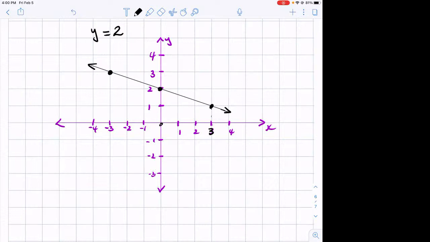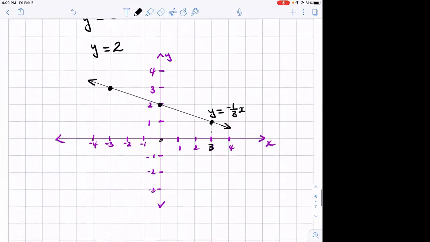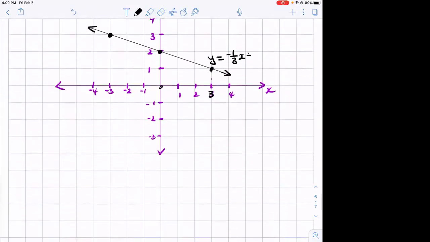Please make sure when you connect your dots, the line should pass through them. You don't stop on the dot. And you always write the equation, minus 1/3 x plus 2, somewhere along the line. All lines must have an equation written next to them. It doesn't matter where you write it.